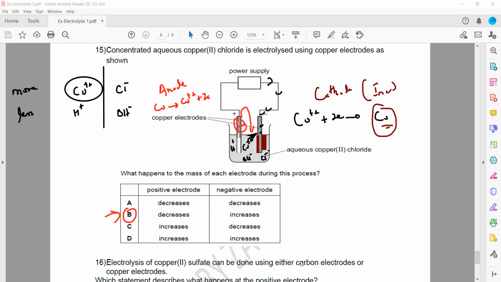That is similar to doing the electrolysis of copper sulfate solution. As you can see, we have the electrolyte. Why is the size of the positive electrode decreasing?